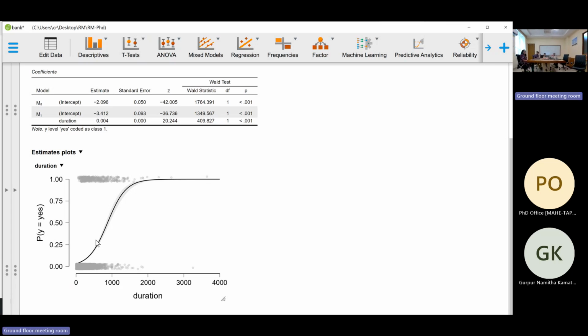So here what's happening? When does this probability reach 0.5? Somewhere near 1,000. That means if you want to get at least 50% probability of success at the term deposit, what should the call duration be?